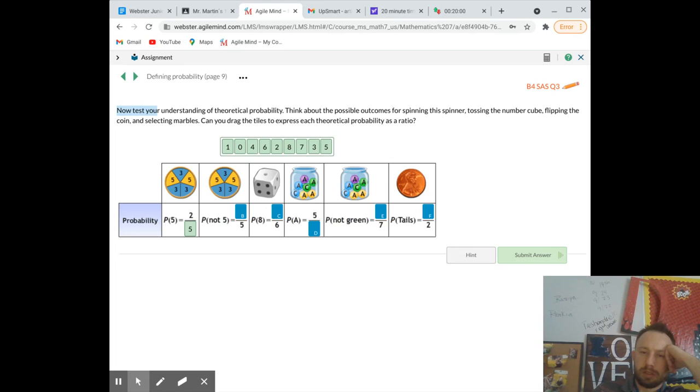Correct. So how many are not 5? 3. Do y'all agree with that? Yes, sir. That is right. Good deal. Joel, the probability that you will get an 8 on a die that is 1 through 6.